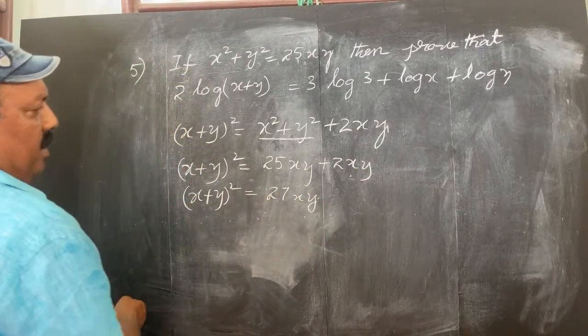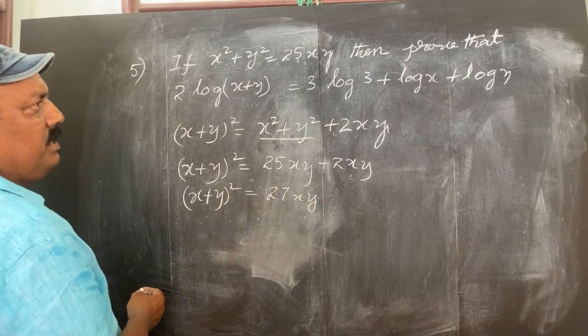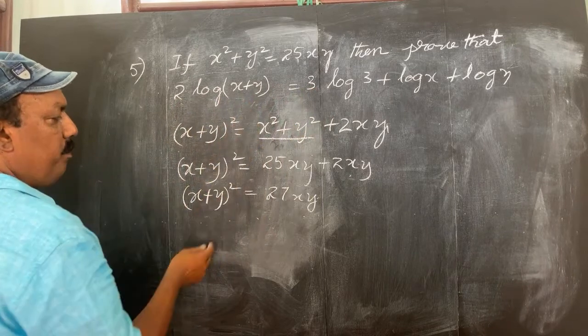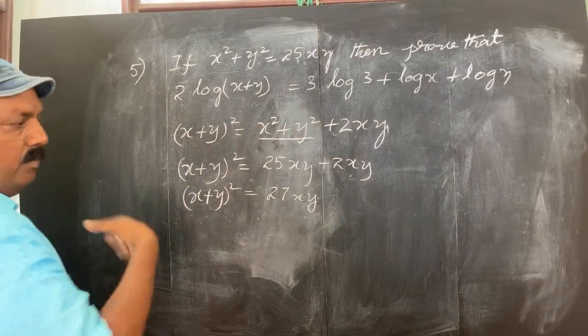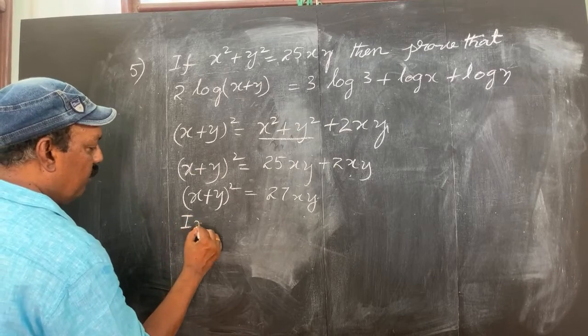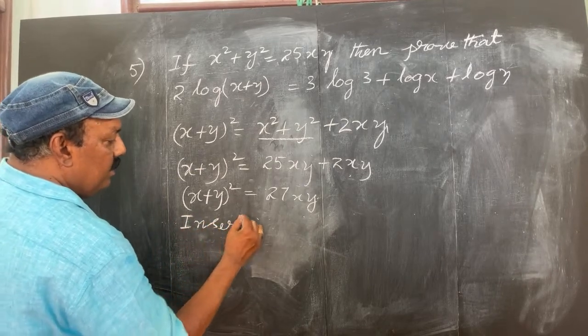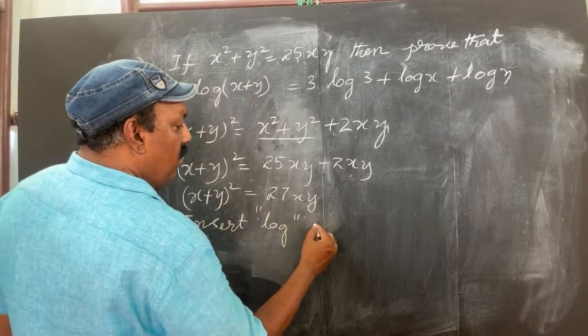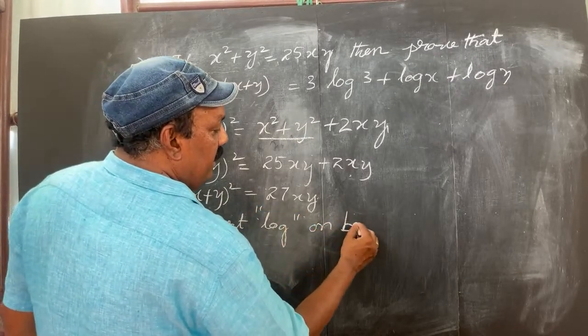Now the calculation is over. The interesting point is, we have to show the log terms. For that purpose, we now have to introduce the logarithm here. What is the step you have to say? Insert log on both the sides.